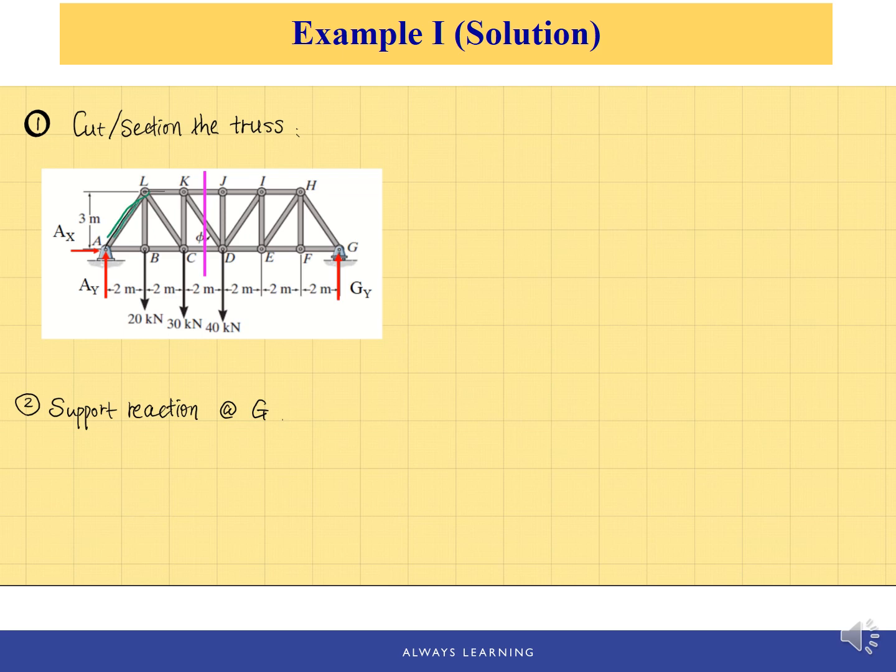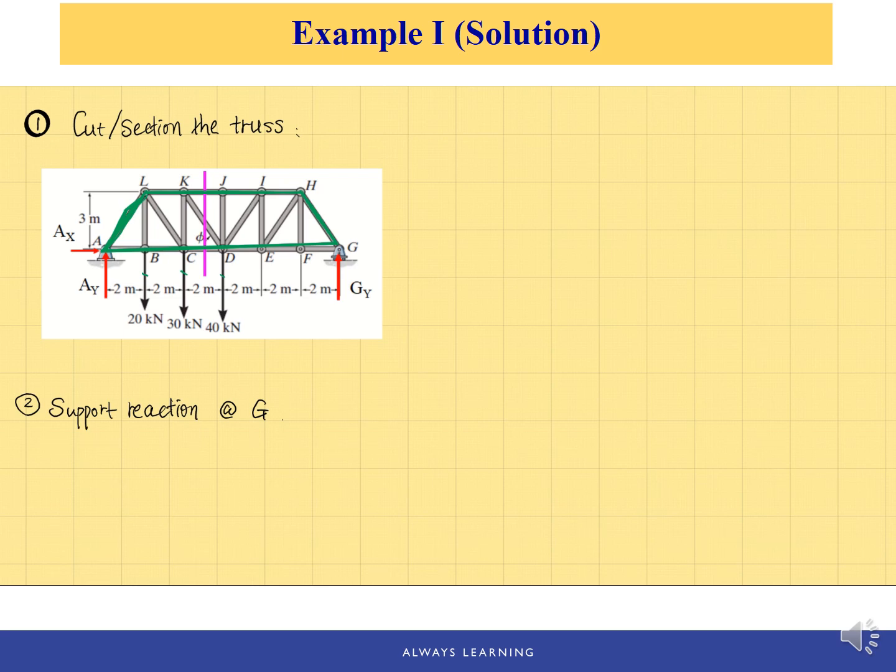No matter what happens in other places, we just need to see the outline of this entire truss and then check the forces applied onto the truss, and don't think about anything inside the truss, because a free body diagram is all about external forces. We don't have to consider any internal forces.